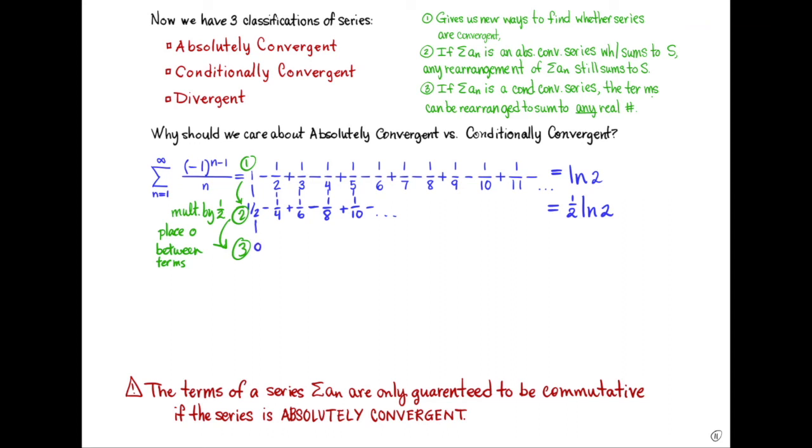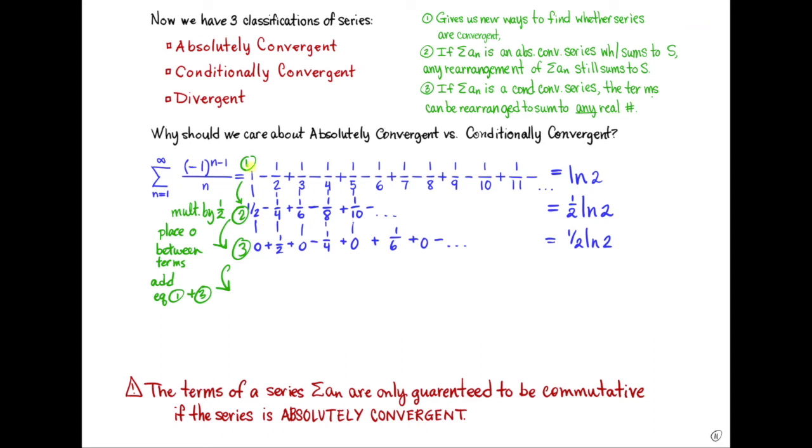So here we have 0 plus 1/2 plus 0 minus 1/4 plus 0 plus 1/6 plus 0 minus, and we can continue the pattern. Let's line up our terms here. And now for our final step, let's add equations 1 and 3. I forgot on the right-hand side of the equation, even adding 0 between the terms, we still have 1/2 the natural log of 2. Okay, so now let's add equations 1 and 3 together.